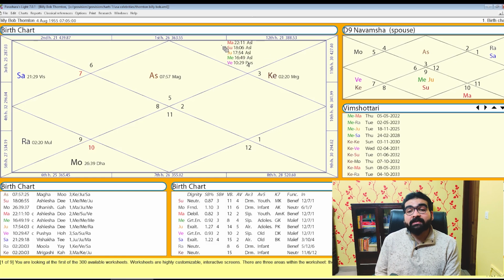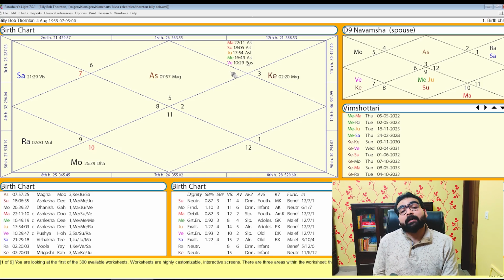Third, he is having Sannyasa yoga. Sannyasa yoga means whenever 4 or more than 4 planets are together in conjunction, and out of them 10th Lord must be present in that, then Sannyasa yoga happens. Sannyasa means a renunciation. It does not mean that the person is going to be a renunciate.